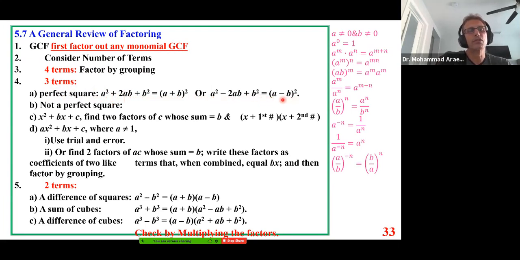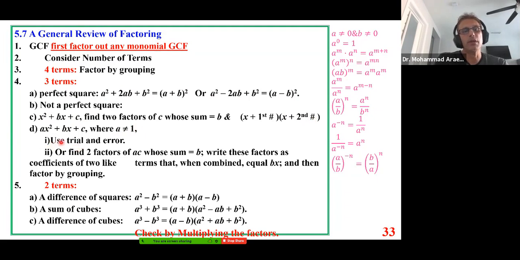If it's not a perfect square, if it's in this form, x squared plus bx plus c, we want to find 2 factors such that the sum is b and the product is c. Okay. X plus the first times x plus the second. If a is not equal to 1, there are several methods.